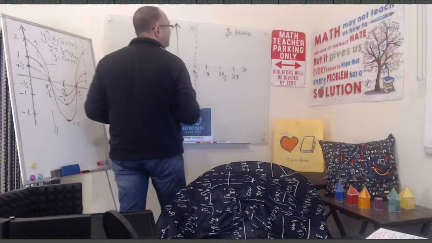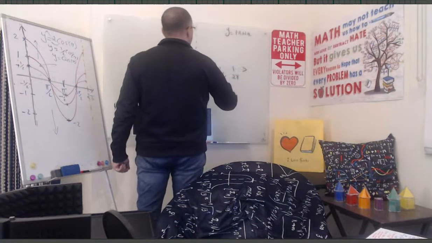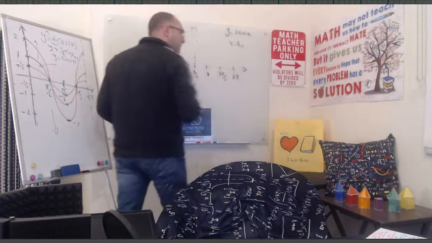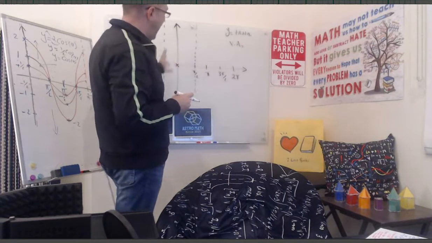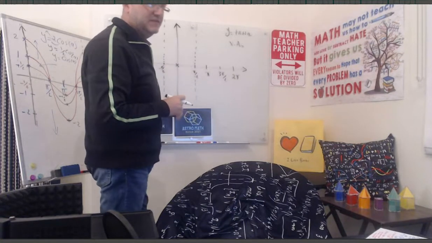We can't divide by 0, okay? The vertical asymptote is determined by the location on the coordinate grid where the function doesn't exist.